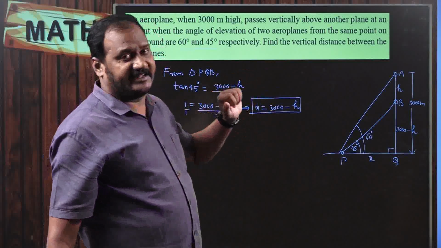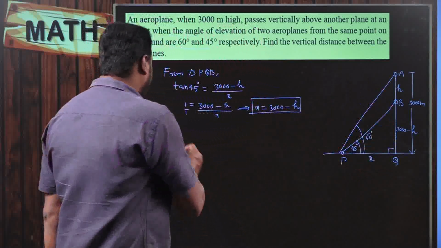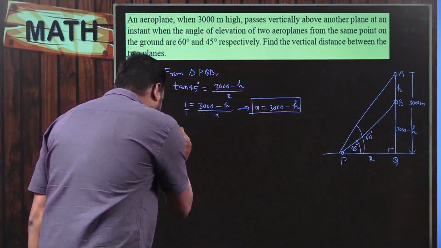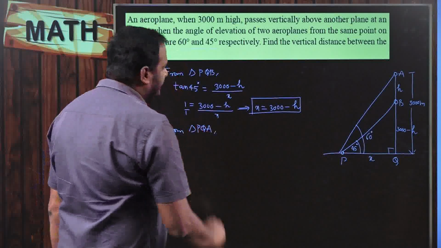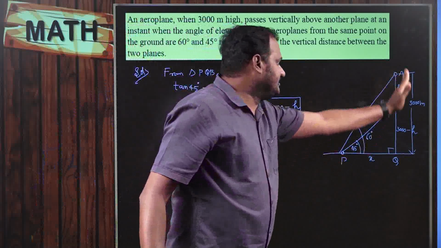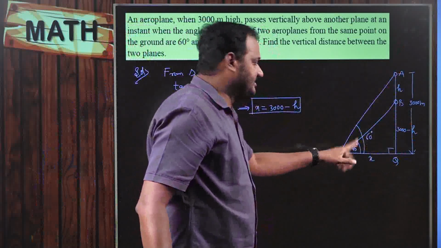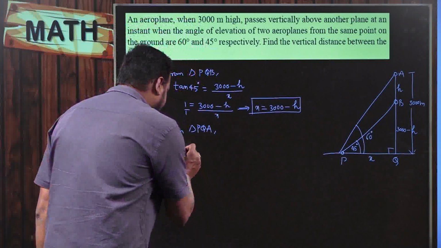Coming to the entire triangle, that entire triangle is PQA. So from triangle PQA, in this the entire angle is equal to 60. The side opposite to that angle is equal to 3000 and adjacent is equal to x. So I am going to apply tan 60 degrees.